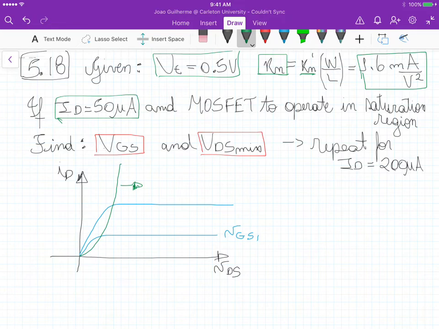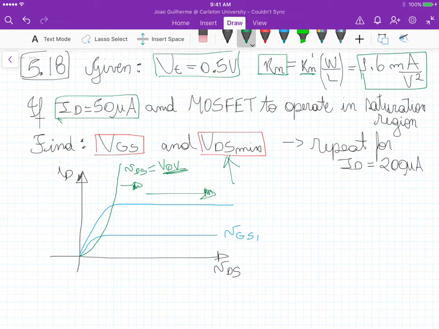And in this curve, green here, we have that VDS is exactly equal to the overdrive voltage. Okay, so that's the reason we have to find out the minimum VDS. Because if VDS is equal to the overdrive voltage or greater than that, then the MOSFET will operate in the saturation region. But how do we figure out those values of VDS?